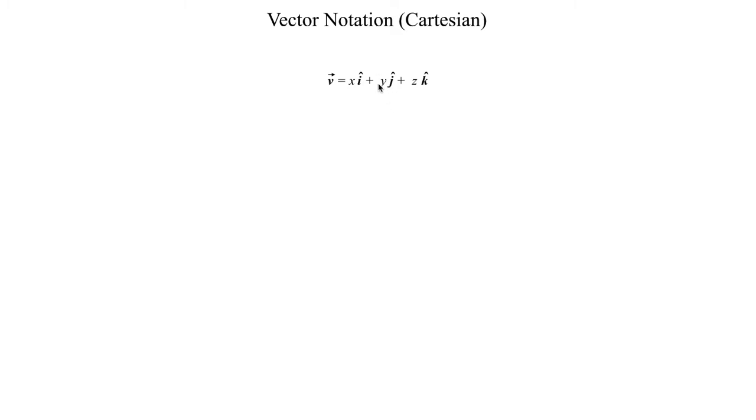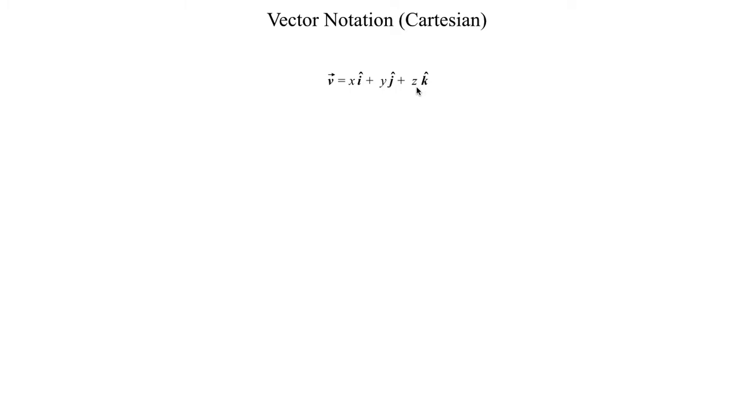If you have a positive value out in front of the j hat unit vector, then you've got a vector that points in the positive y direction, along the positive y-axis. If you have a negative value in front of the j hat component, then you've got a vector that points in the negative y direction. The same thing goes for the k hat.